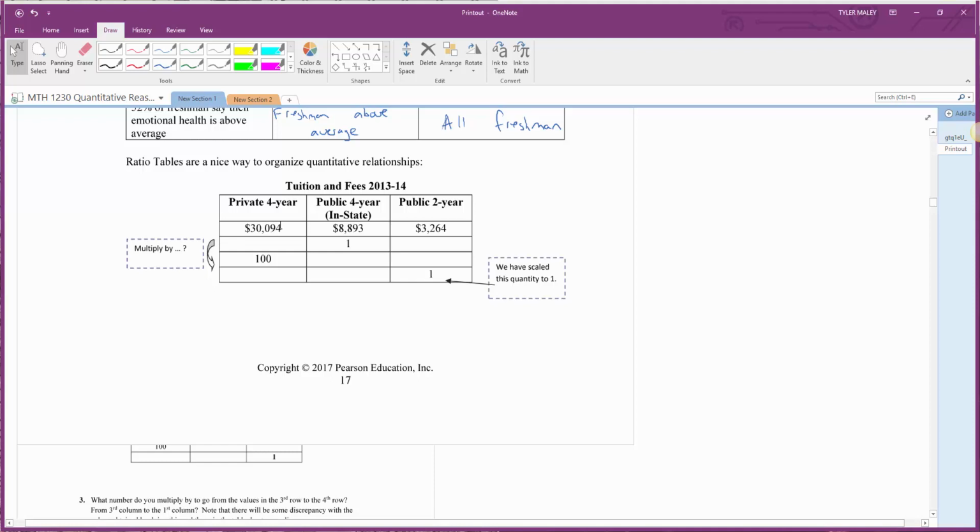Also, notice how this value here is a 1. That means that we have scaled this quantity to 1. Or if we look here in the private four-year column where it says 100, we would say that we have scaled this quantity to 100. And we're going to learn more specifically why it can be useful to scale these quantities.